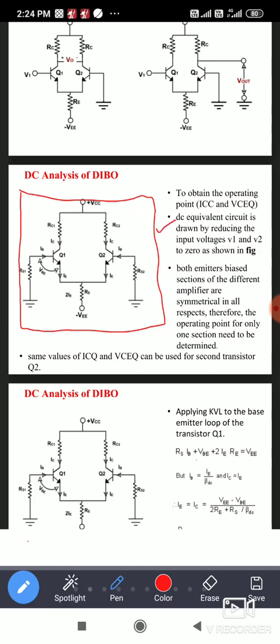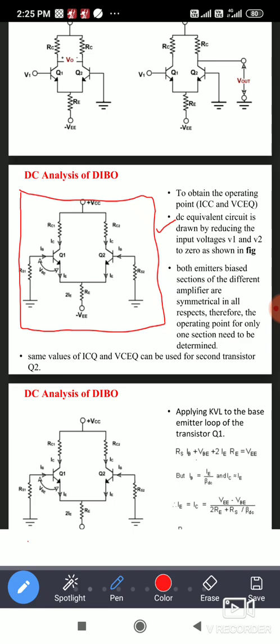The DC equivalent circuit is drawn by reducing the input voltage V1 and V2 to 0 as shown in the figure. So 0 means ground. V1 and V2 are reduced to 0, connected to the ground directly. The base terminals are connected to the ground by using the base resistors RS1 and RS2.